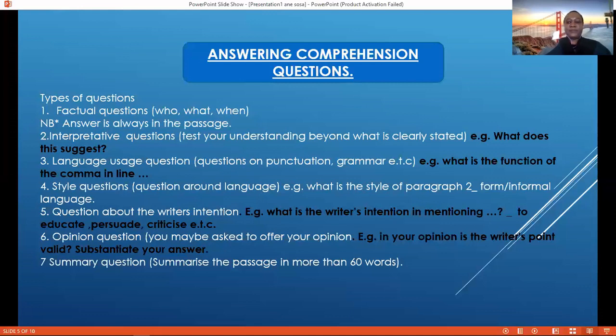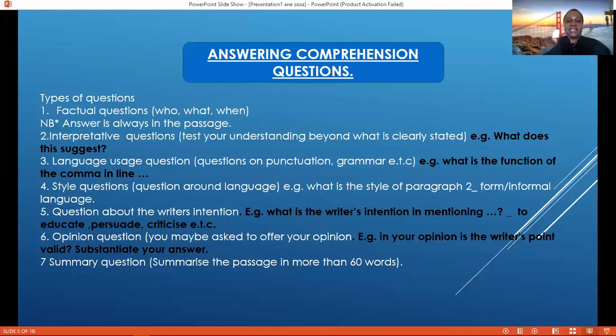Number four, style questions. These are questions around language. For example, what is the style of language in paragraph 2? That language could be formal or informal. Number five, questions about the writer's intention.